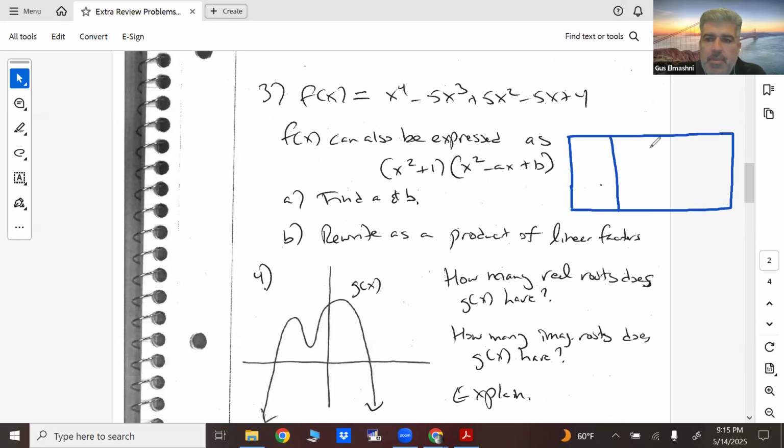Make 4 columns. That's x to the fourth. That's x squared. That's x squared. And of course, that's a positive 1.